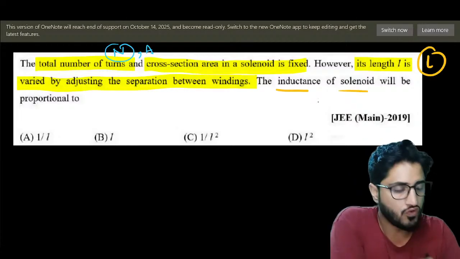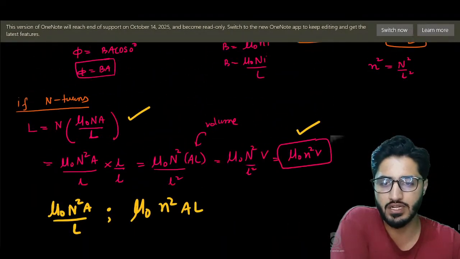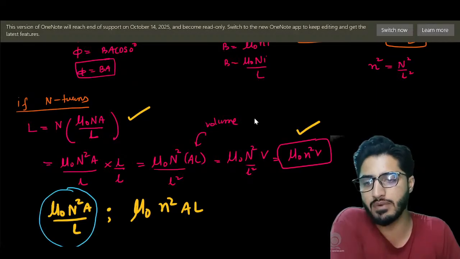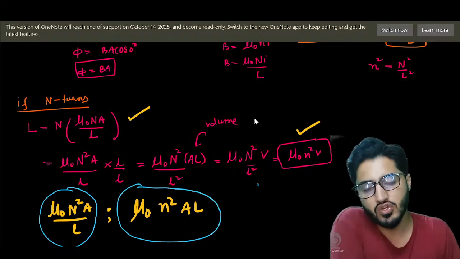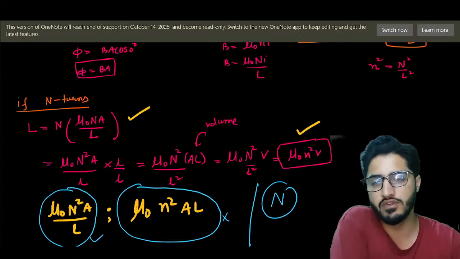The inductance of the solenoid will be proportional to. Sir, we are having two formulas. You can see upwards we are having two formulas. One formula is mu naught n square A by L. The second one is mu naught n square A L. Since N is given, we cannot use this formula, we will use this formula.